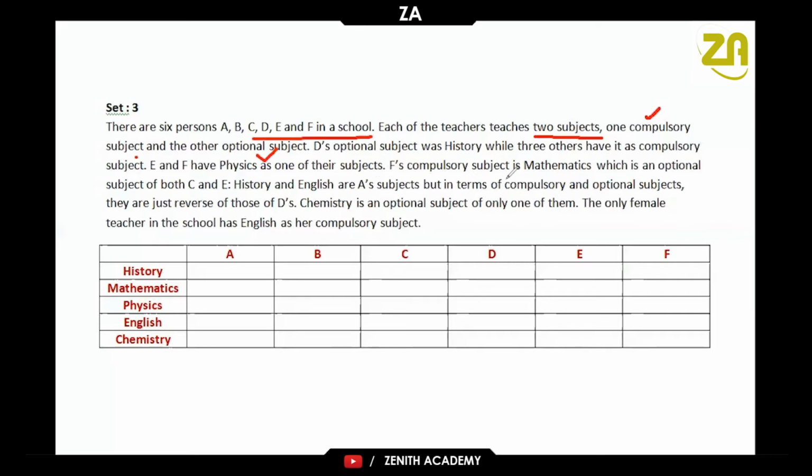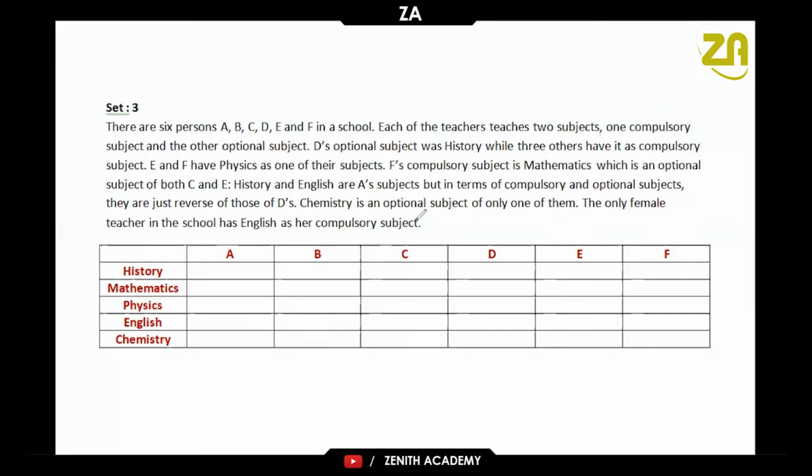F's compulsory subject is mathematics, which is an optional subject of both C and E. History and English are also subjects, but in terms of compulsory and optional subjects, they are just the reverse of those of D's. Chemistry is an optional subject of only one of them. The only female teacher in the school has English as her compulsory subject.